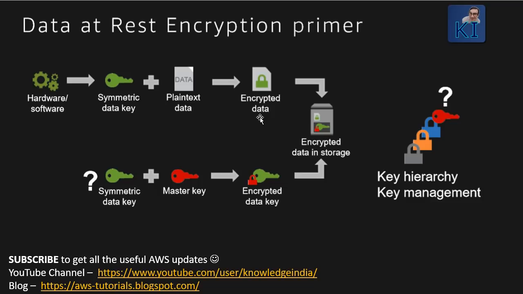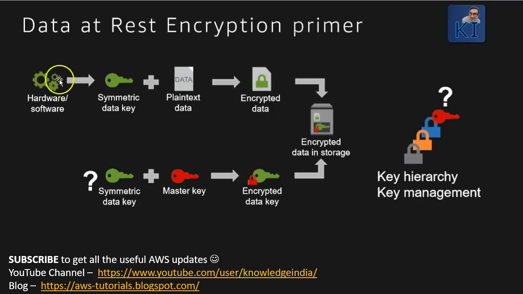The non-encrypted data key, in the plain format, will be used to further encrypt the data. That encryption would be done, and then the plain key would be deleted. But the encrypted form of the key would be kept along with the data.